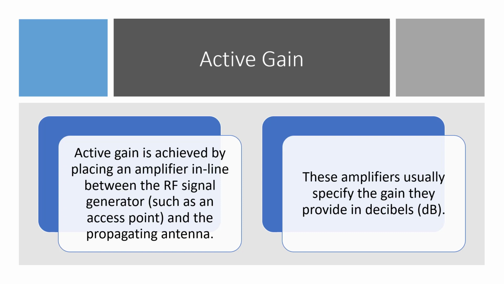There are two types of gain. One is active gain and another is called passive gain. Active gain is achieved by placing an amplifier in between an RF signal. You can call it an amplifier, a signal booster, or a wireless repeater, and so on.